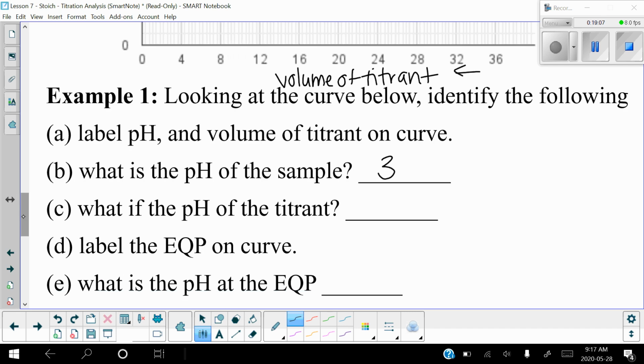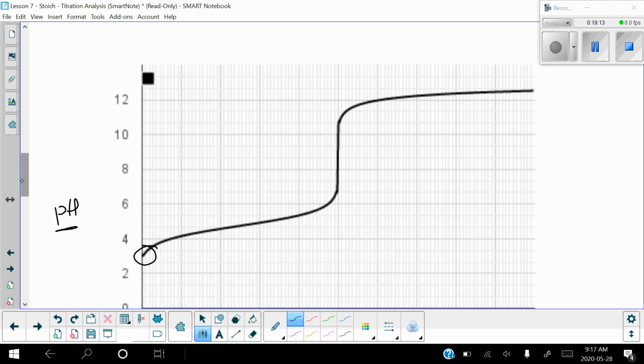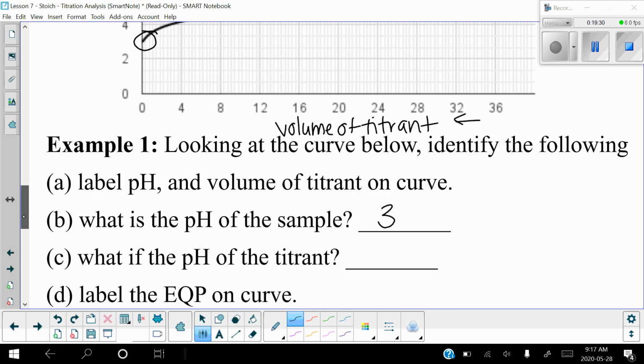What is the pH of the titrant? So the pH of the titrant, once we've gone past our inflection point, is going to be on the other end of the inflection point. So if I were to read across here, I would say it's about 12, 12.5.